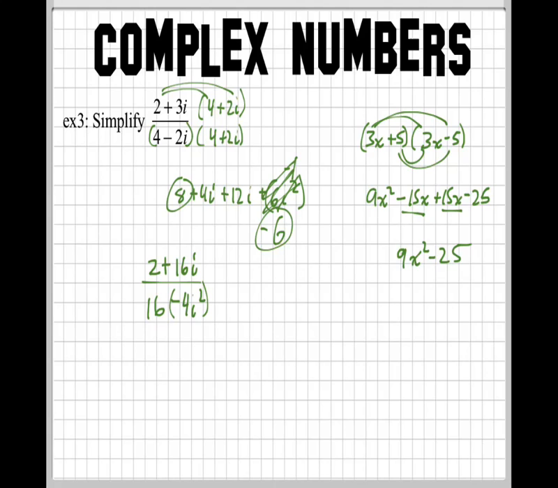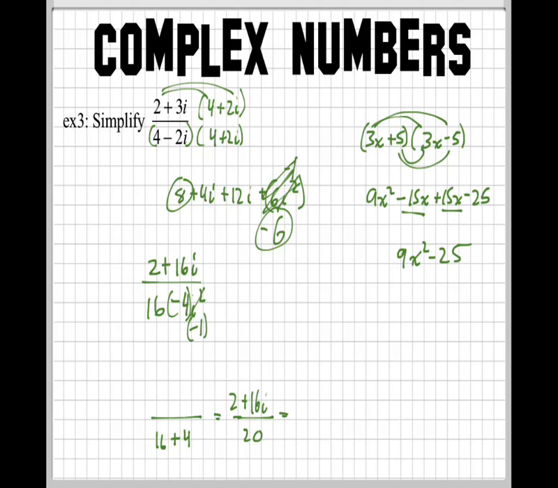Then this is going to change because the i squared is a -1, so we have a -4 times a -1, so that on the bottom I'm going to have 16 plus 4, which makes 20. So on the bottom I'm going to have 20. On the top I have 2 plus 16i.